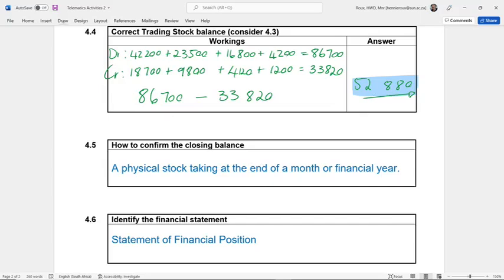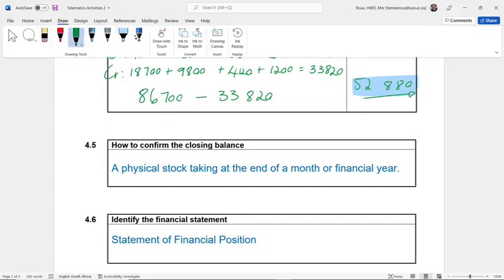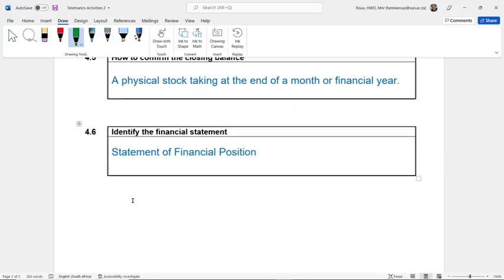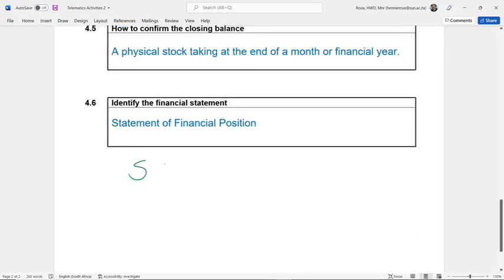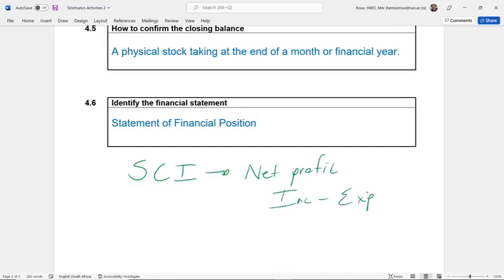And then the last question, in which financial statement will we show this trading stock? It will be in the statement of financial position. We have the statement of comprehensive income where we calculate the net profit. And that is basically income minus expenses.